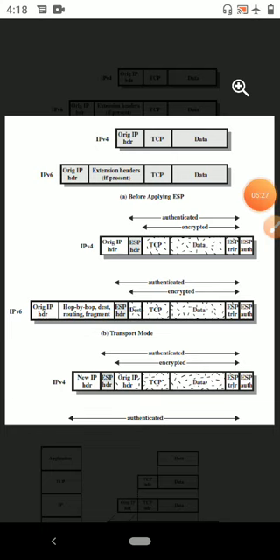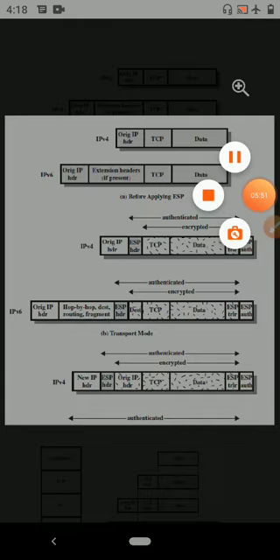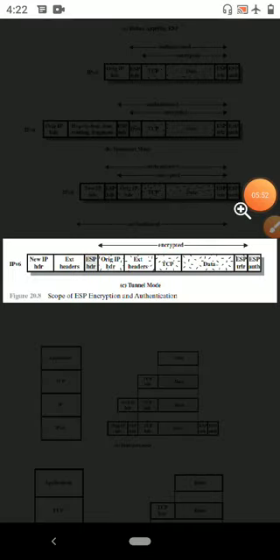The transport mode operation provides confidentiality for any application that uses it, thus avoiding the need to implement confidentiality in every individual application. One drawback to this mode is that it is possible to do traffic analysis on the transmitted packets. Next is tunnel mode ESP.